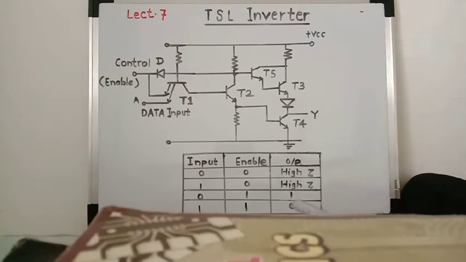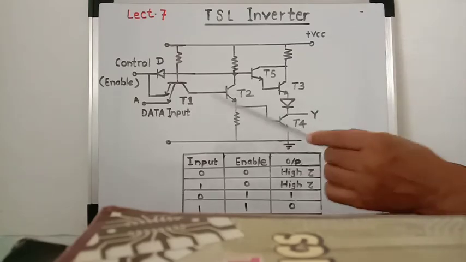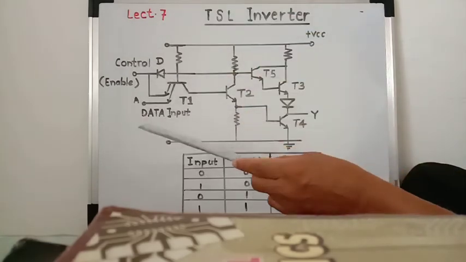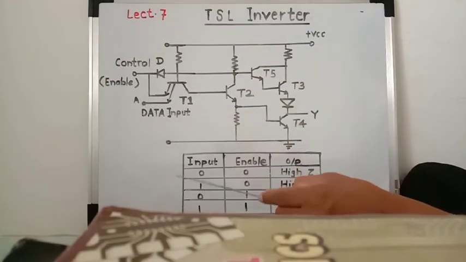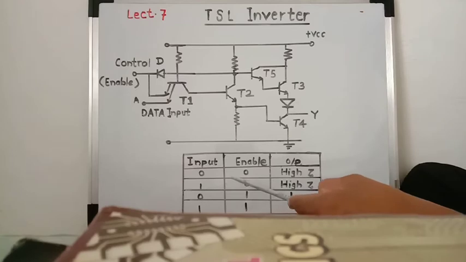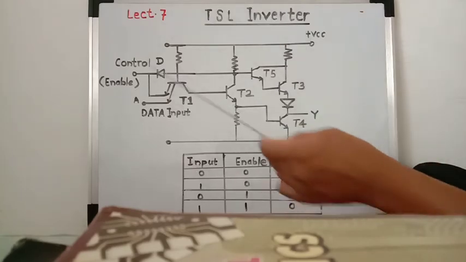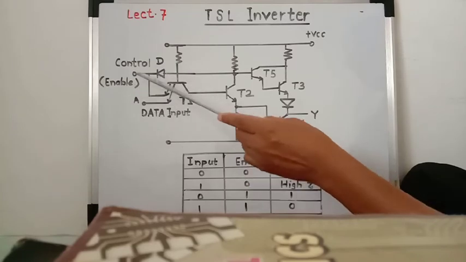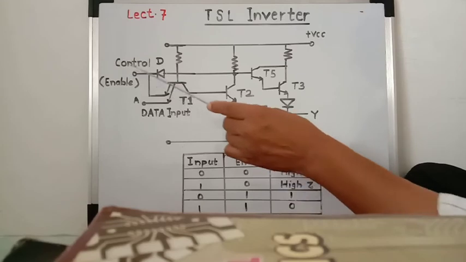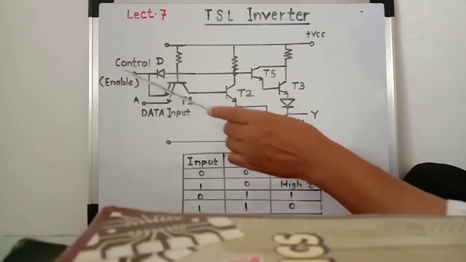Now see the circuit operation here. When enable is equal to 0 and data input is 0, diode D becomes forward biased because its cathode is connected to the enable terminal and enable is low.